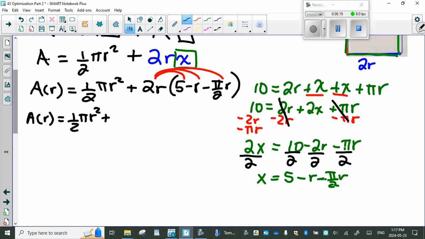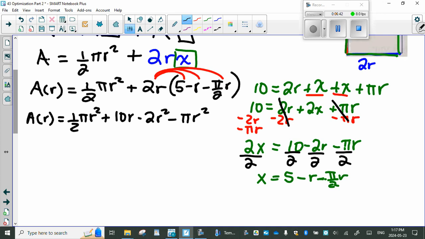So that's going to be plus 10r minus 2r squared. And then what happens when I multiply 2r by minus pi over 2r? Minus pi r. R times r. Minus pi r squared.